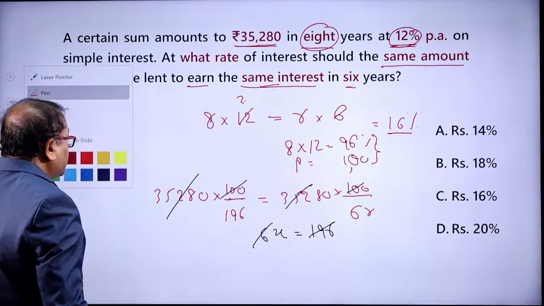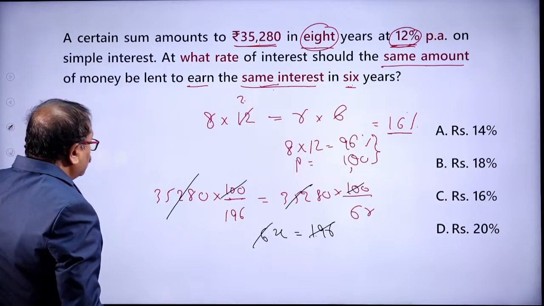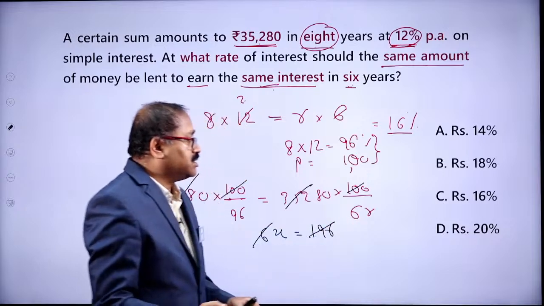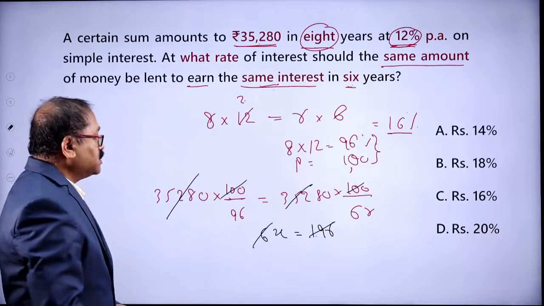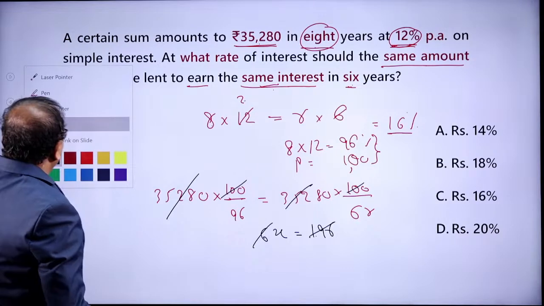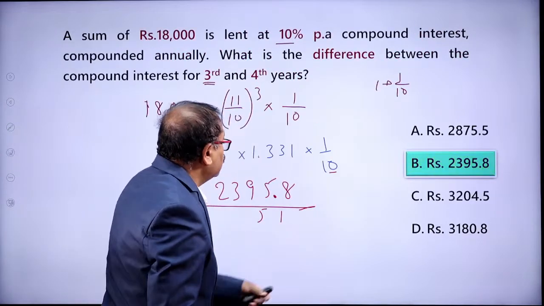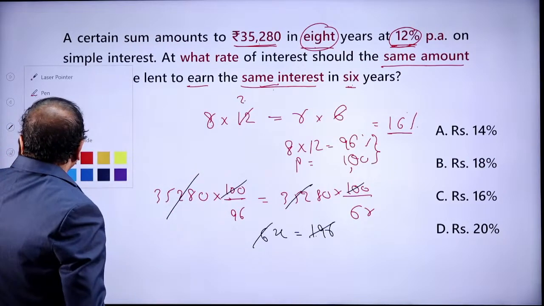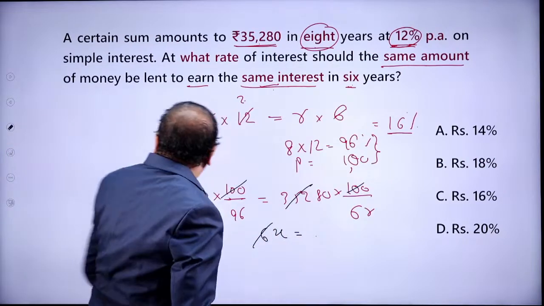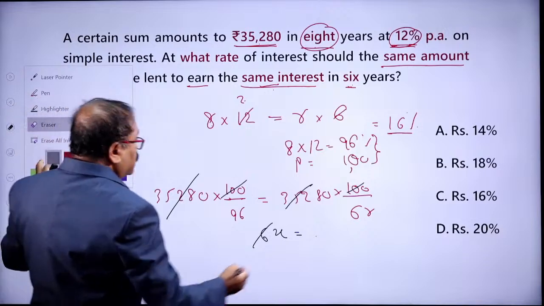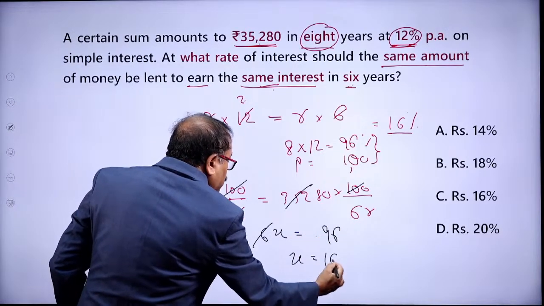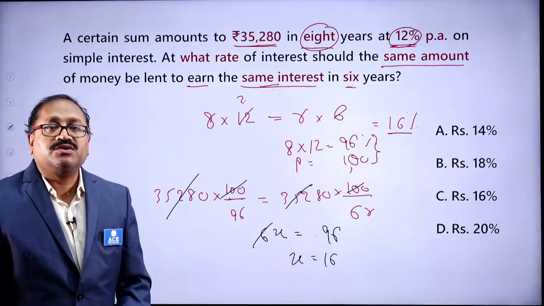Fine, this is the principal, the interest is there. So therefore the interest is 96%. Here the total interest is 6R. So let's correct this value to 96. Now what will be the x? X is equal to 16, or R is equal to 16.